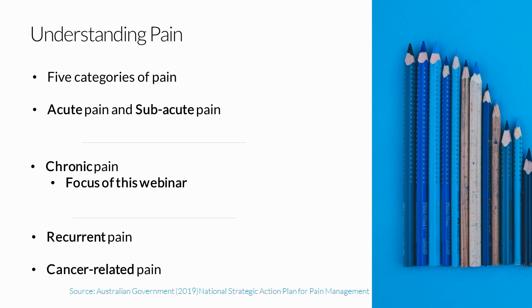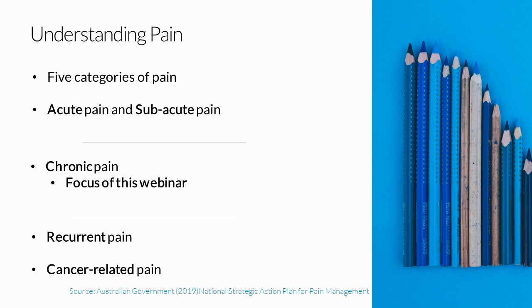If poorly managed, acute pain can lead to more serious health issues or transition to chronic pain. The second category is subacute pain. Subacute pain is pain that is progressing towards chronic pain, but this pain may be prevented. For example, acute wound pain may progress to chronic wound pain if it is not properly managed.